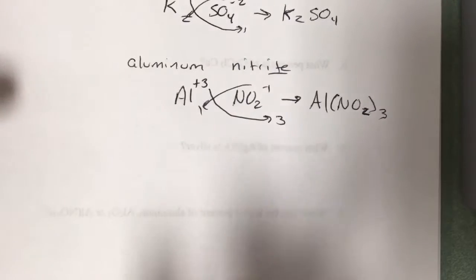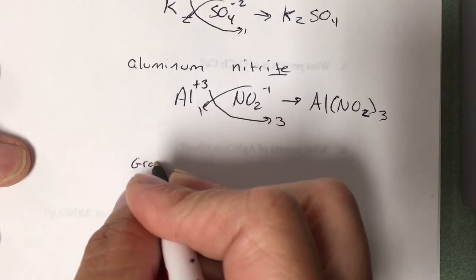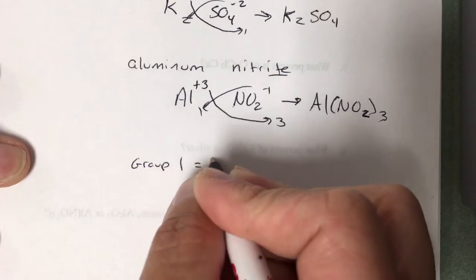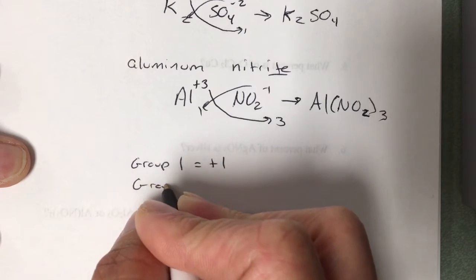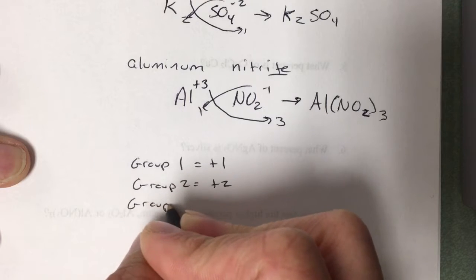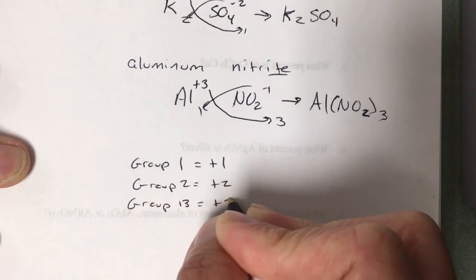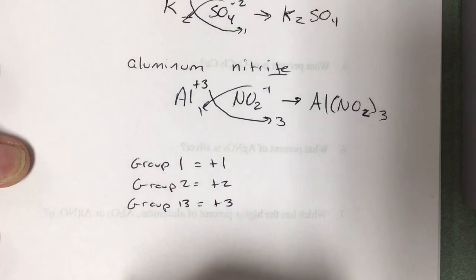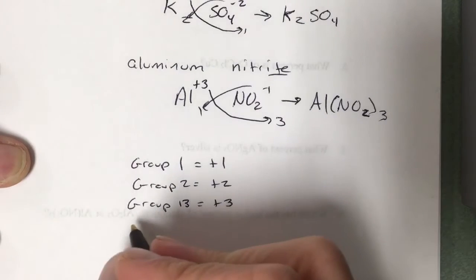There's oxidation numbers in case you don't know. Group 1 is a +1. Group 2, +2. Group 13, +3. Then we skip group 14. Then we go to 15.